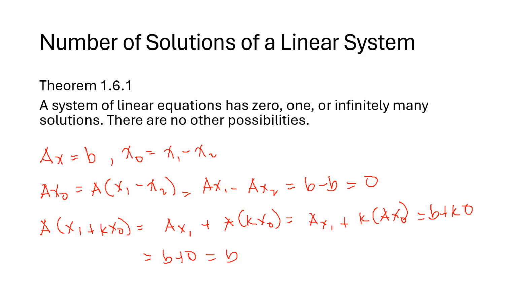But this says that x sub 1 plus k x sub 0 is a solution of Ax equals b. Since x sub 0 is non-zero and there are infinitely many choices for k, the system Ax equals b has infinitely many solutions.